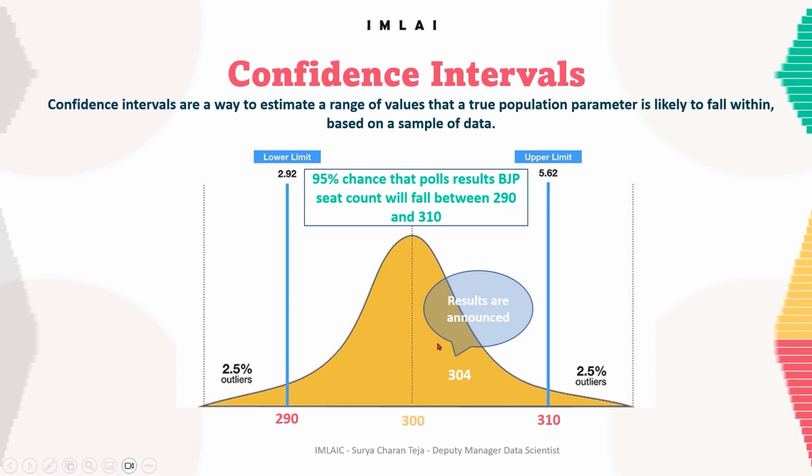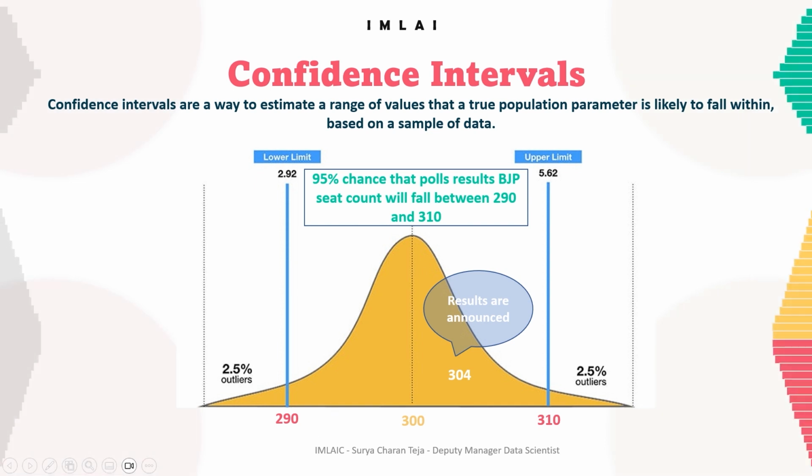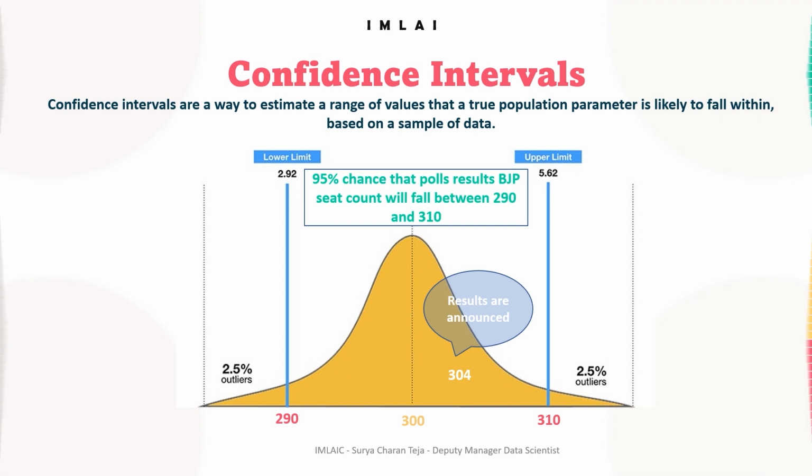The true number of seats won by the BJP is 304, and we were saying that we were 95 percent confident that the true number of seats the BJP will get would lie between 290 and 310. We are 95 percent confident that the actual seats the BJP gets after the results are announced will lie between 290 and 310. So that is our confidence interval.